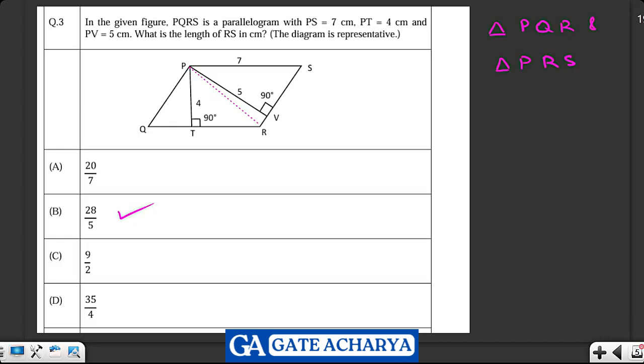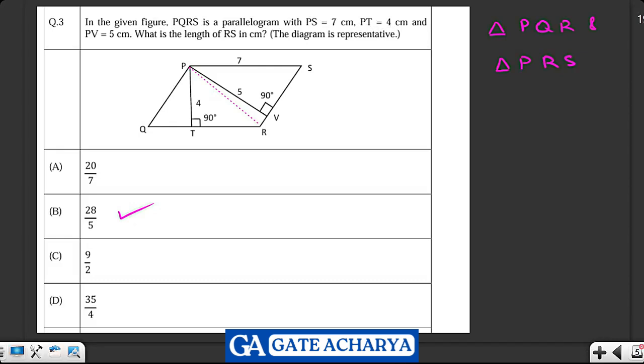Yeah, you can even solve this by similarity criteria, like you can take the ratio of the segments. You can say that PQR and PRS are similar to each other. Based on that, the ratio of their base will be equal to the ratio of the heights. Same thing, it works out the same. So Shiva Subramanian, you can use similarity ideas also.